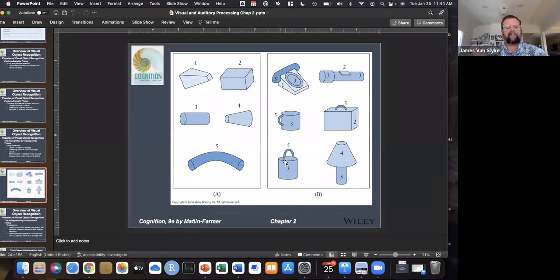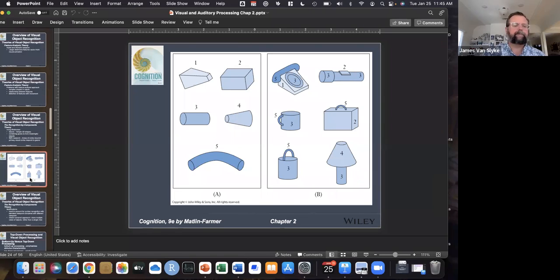So this is another way, rather than focusing on distinctive features, it could be the case that these objects are made up of more basic objects that we hold within our minds. And those geons are put together almost like Legos to make up the different objects that we see.